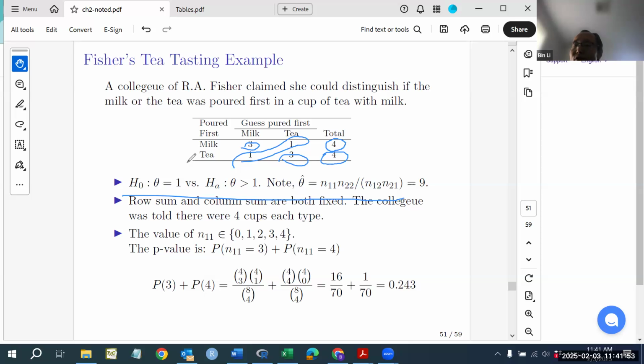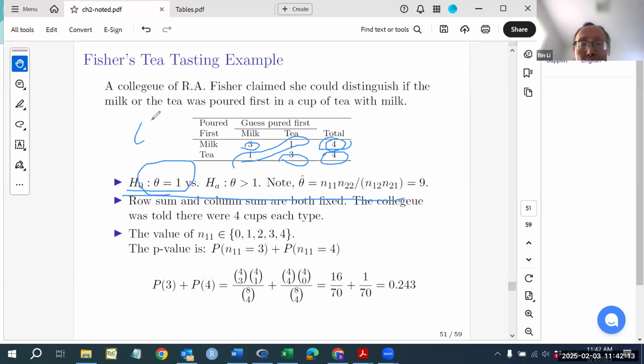This is a Fisher's exact test. Why? Because we have a small sample size, and the rows and columns are fixed: we predetermined 4 cups with milk first and 4 cups with tea first, right? So these are fixed.